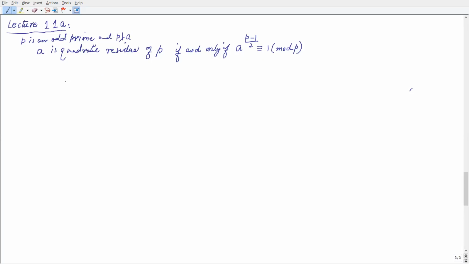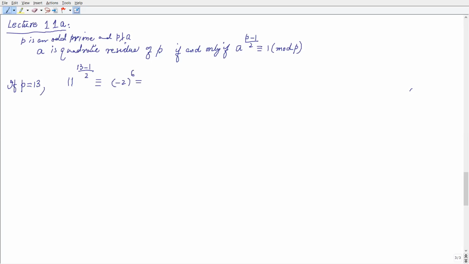For example, look at 11. Whether 11 is a quadratic residue of P if P equals 13. Then 11 to the power (13 minus 1) divided by 2. 11 can be written as minus 2, and 12 by 2 is 6.